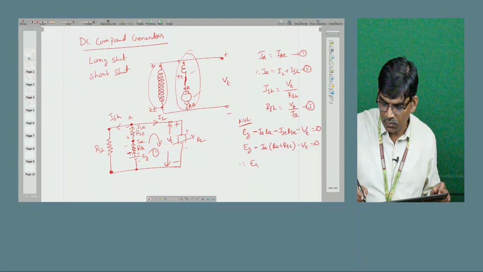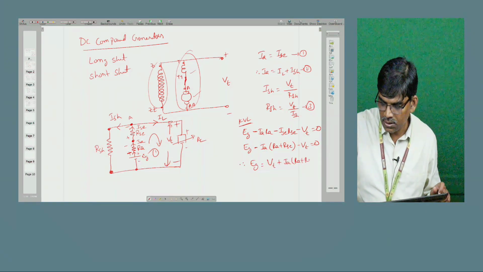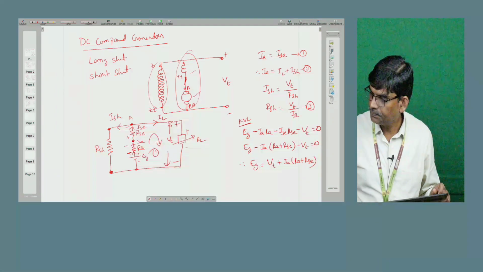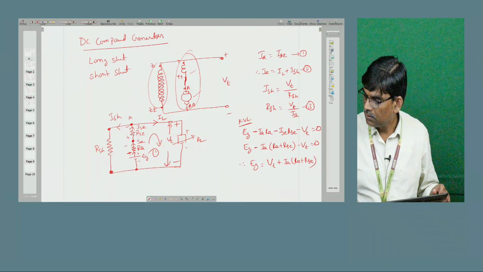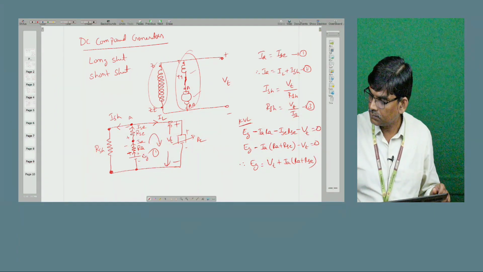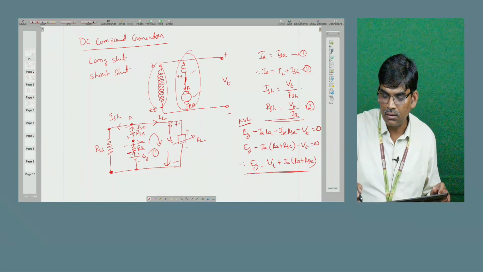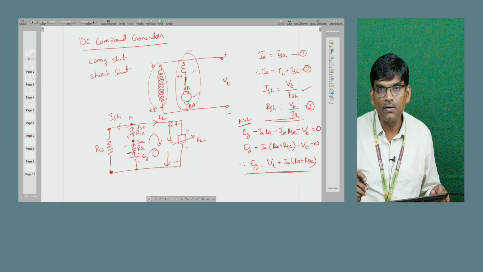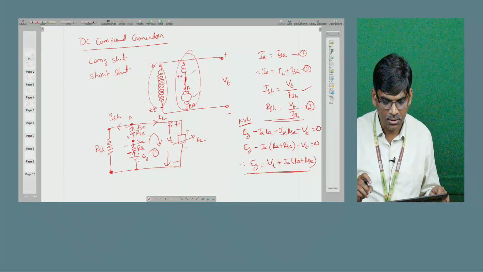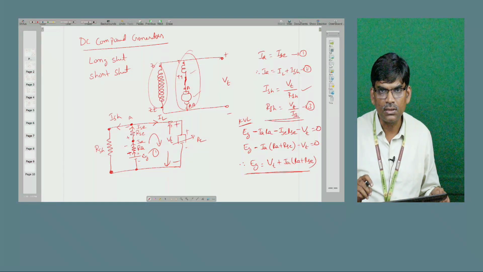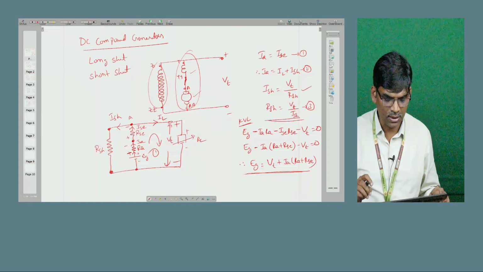Therefore EG is equal to VT plus IA into RA plus RSC. So by using these three equations, we can find the internal and external parameters of the long shunt DC compound generator.